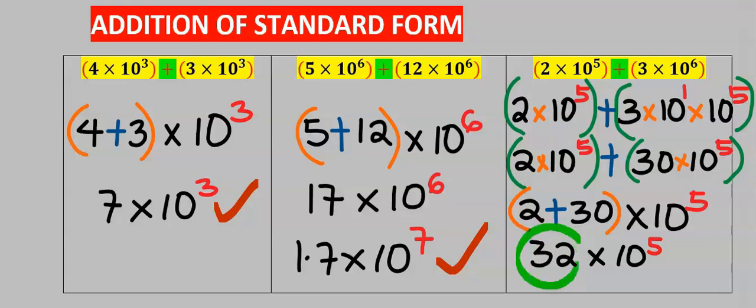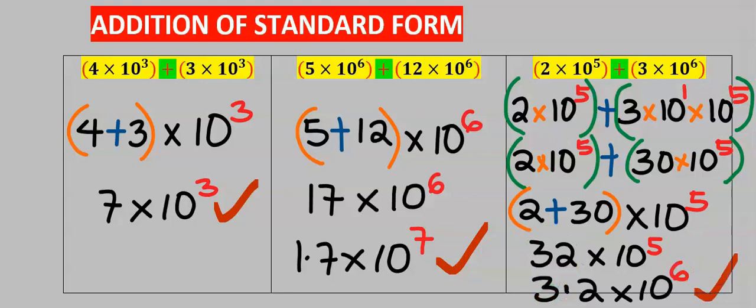Next, 32 is greater than 10. Next, you move the decimal from the back of 2 so that you have 3.2. And this movement will increase this 5 to 10 to the power of 6. And this becomes our answer.